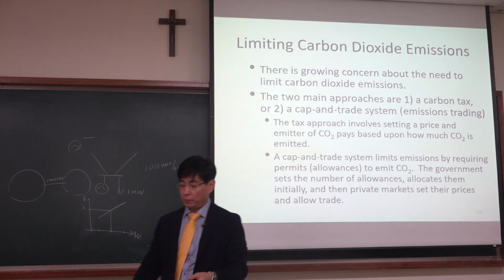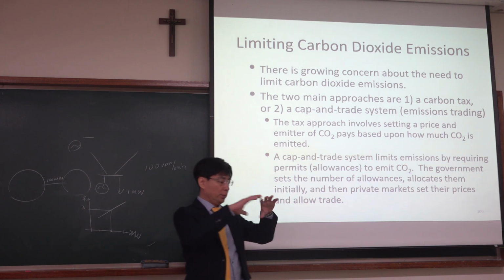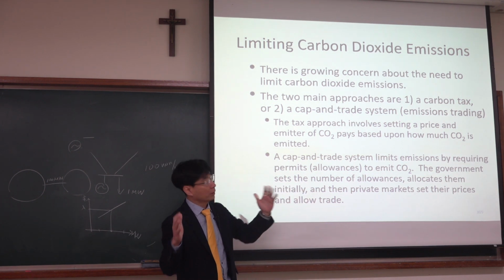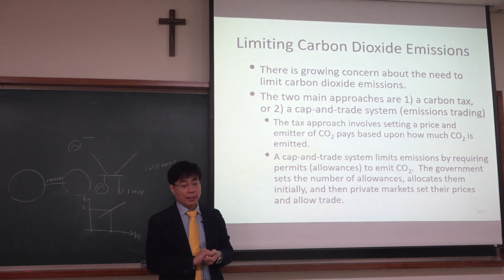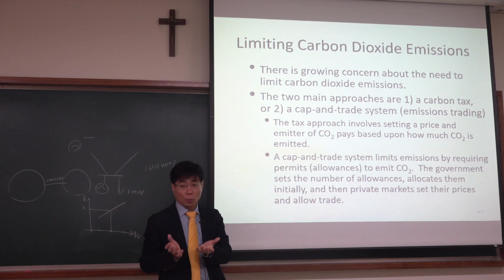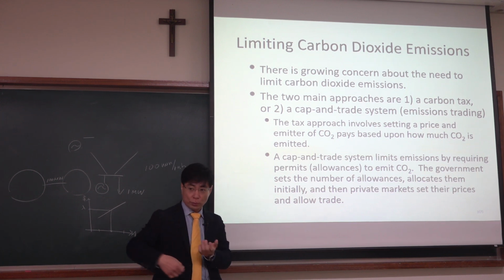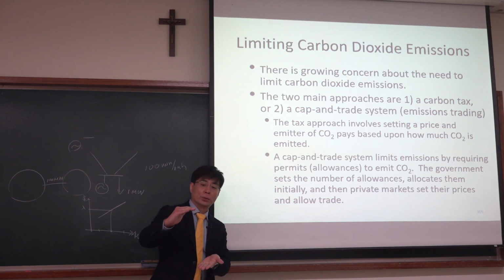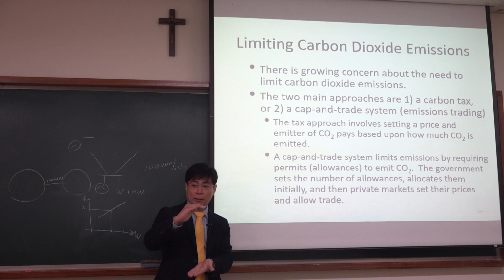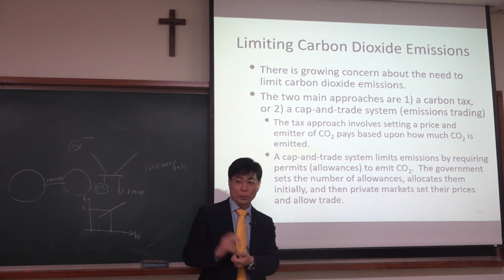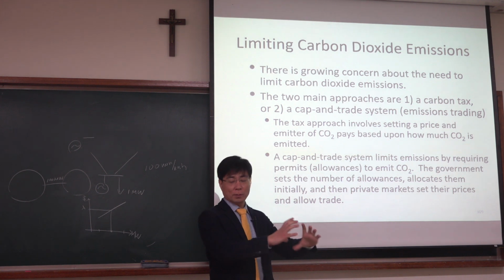That means the government determines the total allowed amount of carbon dioxide emission, and then you can purchase this carbon emission right to produce electricity, and you are only allowed to generate up to that point. And if you want to generate more, you can buy carbon emission rights from others.